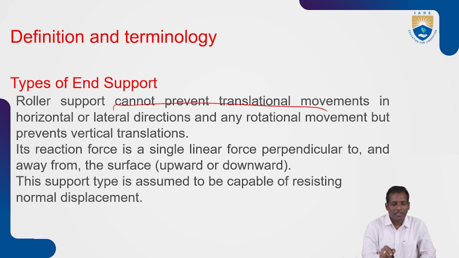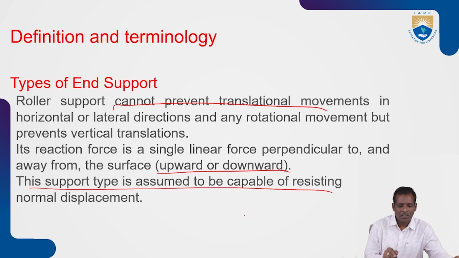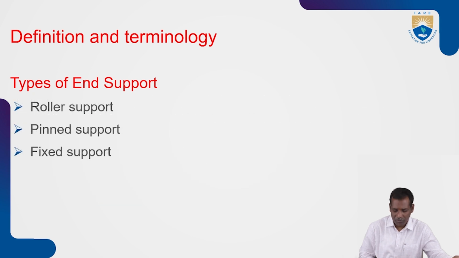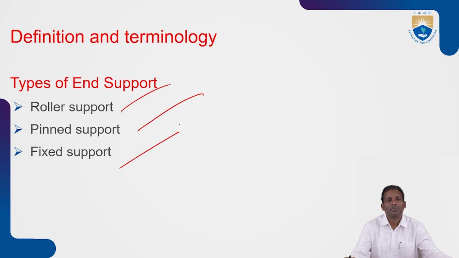Its reaction force is a single linear force perpendicular to and away from the surface, upward and downward. So this support type is assumed to be capable of resisting normal displacement. I will show you the types of end support diagrams: roller support, pinned support, and fixed support. So these are the types of end supports.